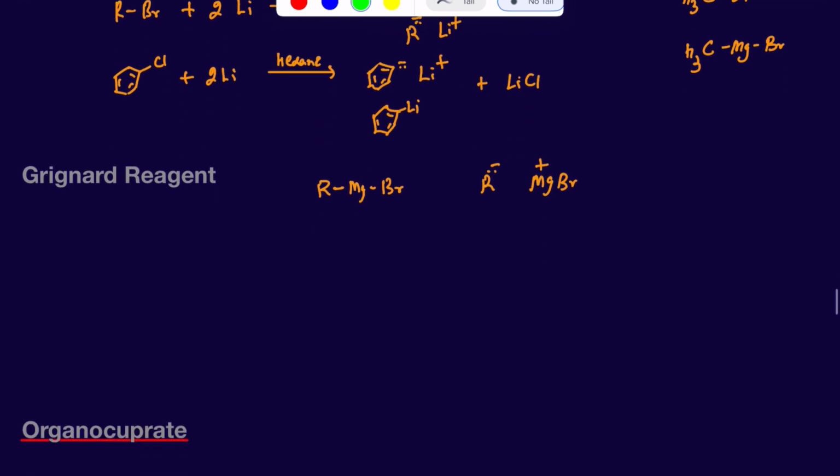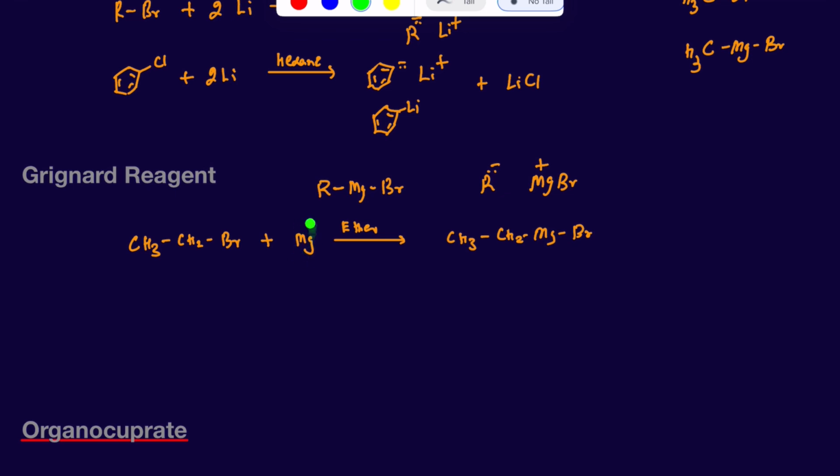So how do I make a Grignard reagent? I can use something like, let's say, CH3CH2Br, and I use magnesium. In this particular case, we use ether as our solvent, and I'll end up getting CH3CH2MgBr. So who's providing the electrons in here is the magnesium.